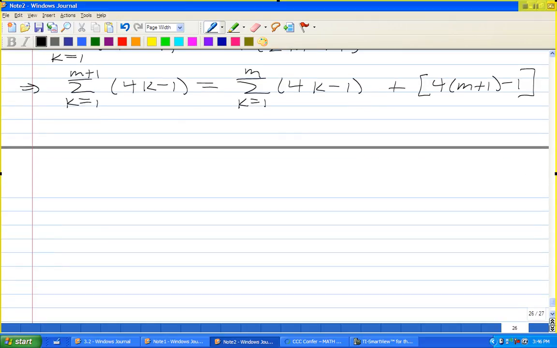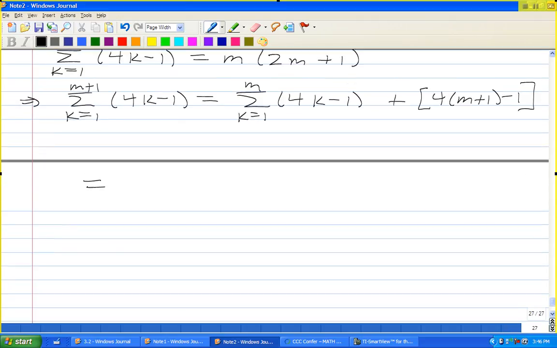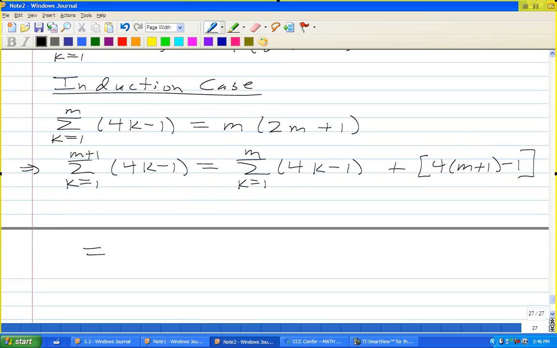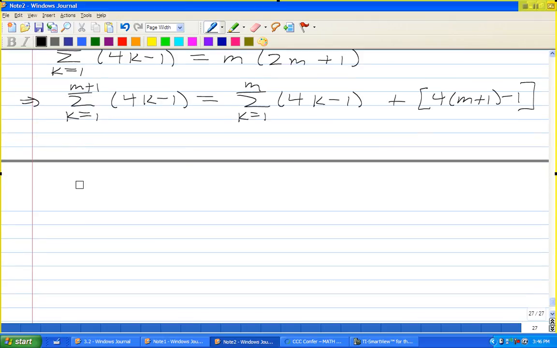By the induction hypothesis, the sum of the first m is just m times 2m plus 1, plus, let's multiply this out. So this is 4m plus 4 minus 1.